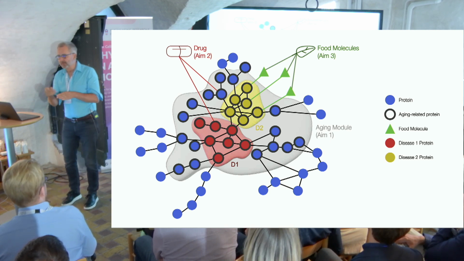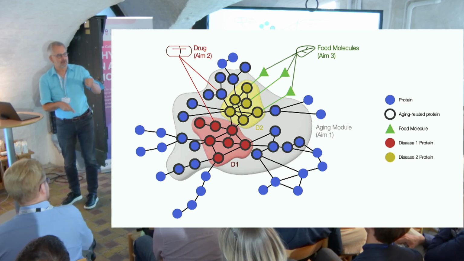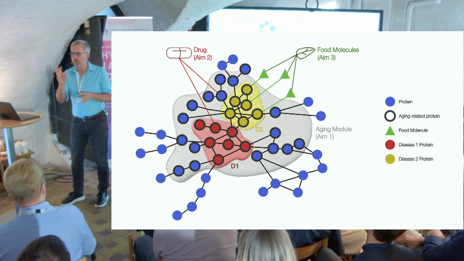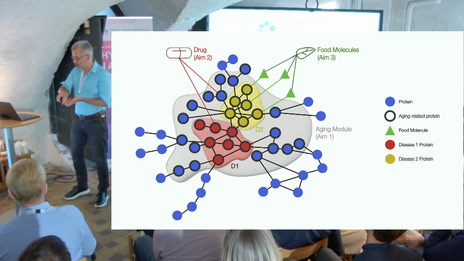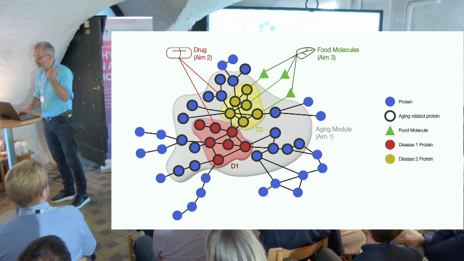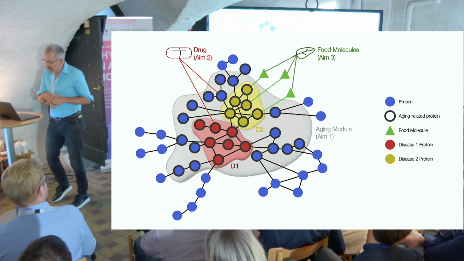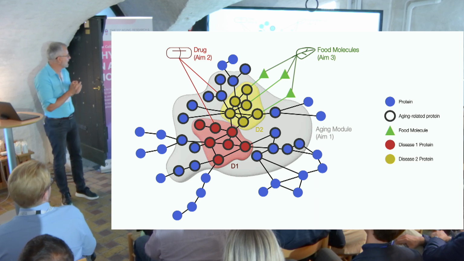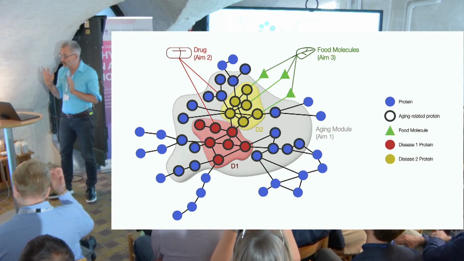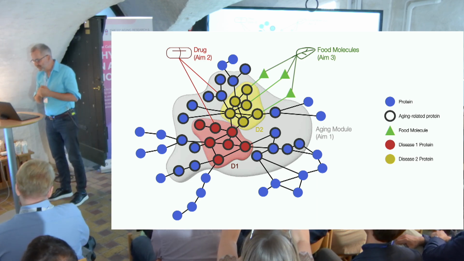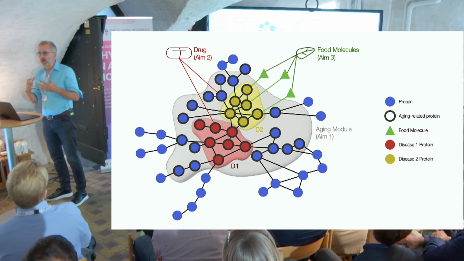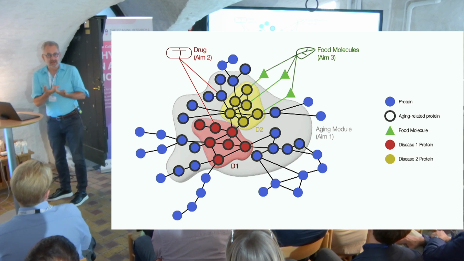It's not as simple as bean counting, just needing a target in that neighborhood. We have statistical measures to show whether you are hitting the right neighborhood or not. This kind of picture has been very useful, and many people are using it to identify drug targets and drug repurposing opportunities for many diseases. And what we've been focusing on in the last 2 years is whether this could be applied to aging.